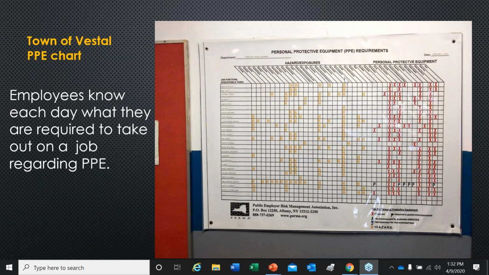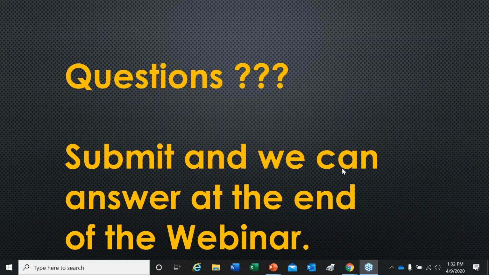Then there's the hazardous exposure across the top with an H, and then the personal protective equipment that is required for different items. They have the people go out on the job looking at these items, saying, here's what you need to take with you, and that helps. So those are the different things that have been done by different people to get their JSA, JHAs done.